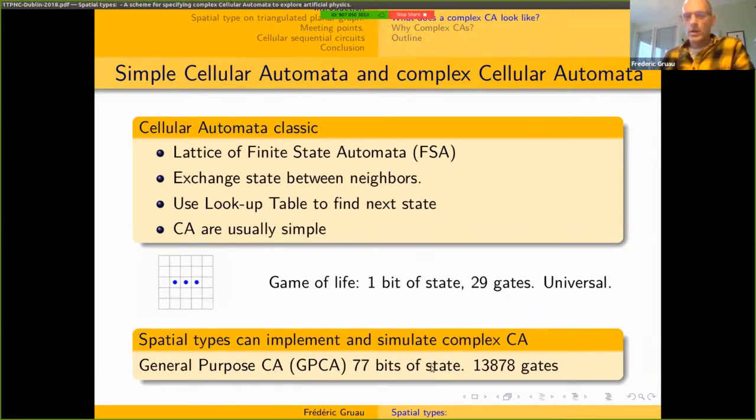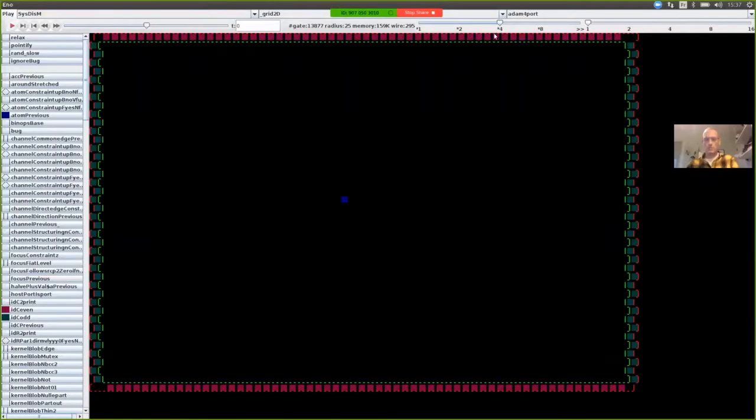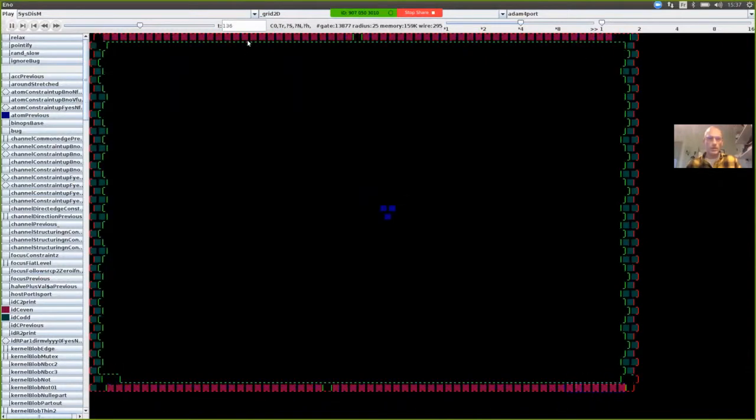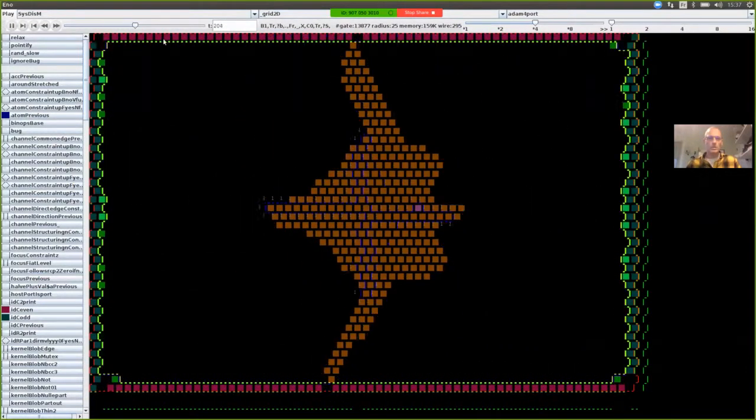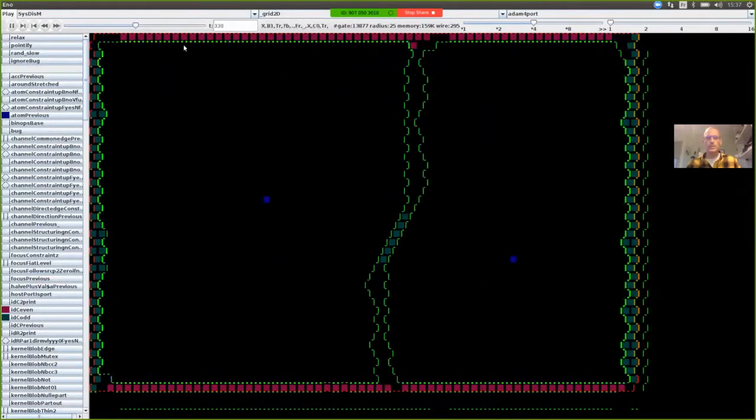I will now present you a rule which uses 77 bits of state and nearly 14,000 gates. I use a hexagonal grid. Each color in this little square indicates the state of the cell.